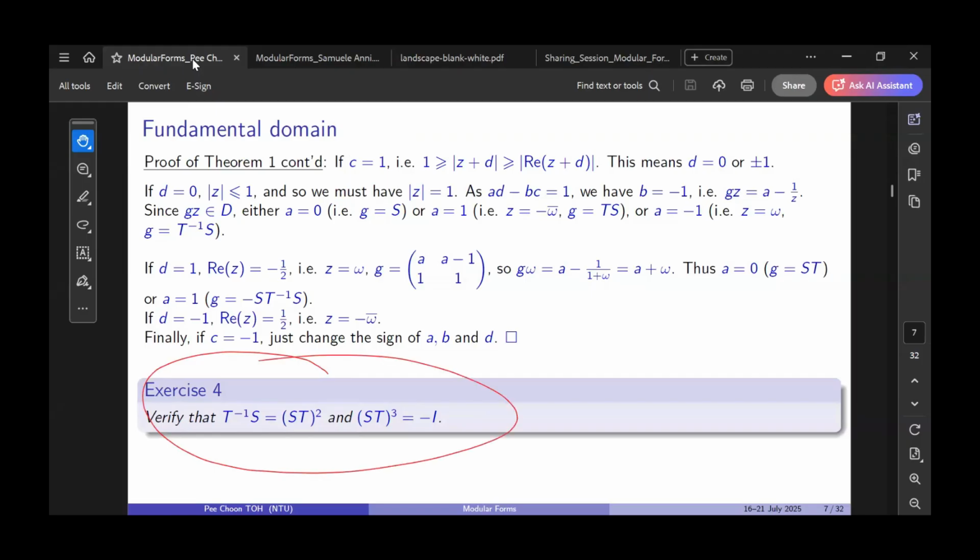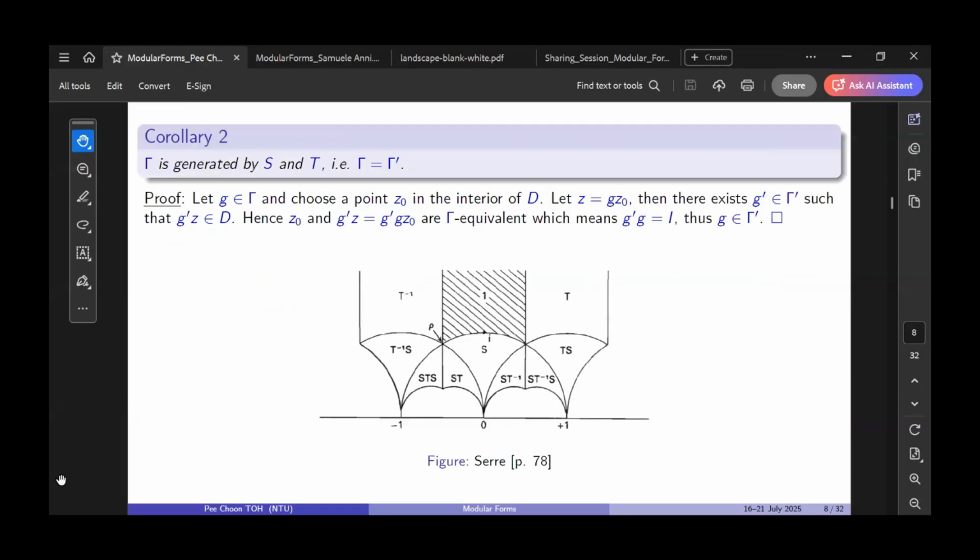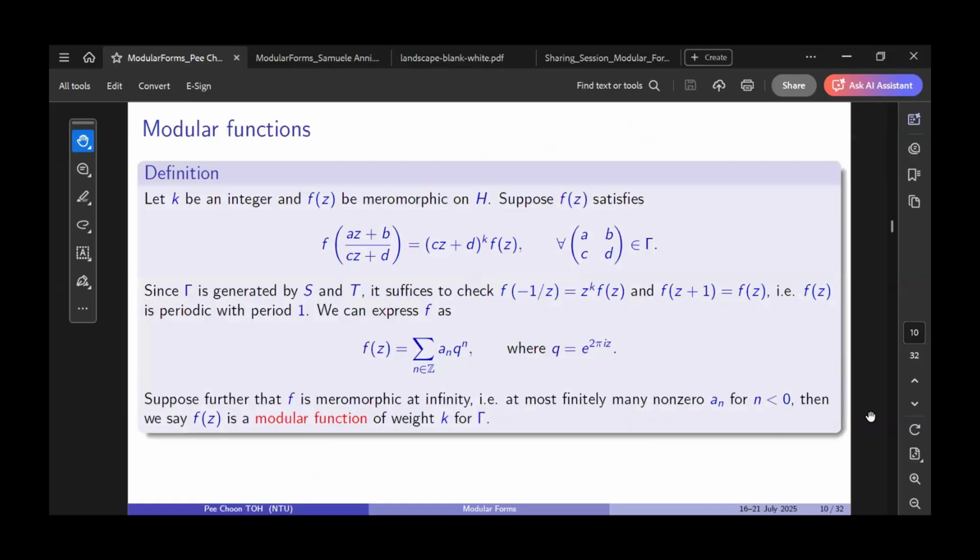We love this kind of exercise. So, okay. So we finally go into modular functions. So why are we talking about the set gamma and the fact that it is generated by S and T, right?